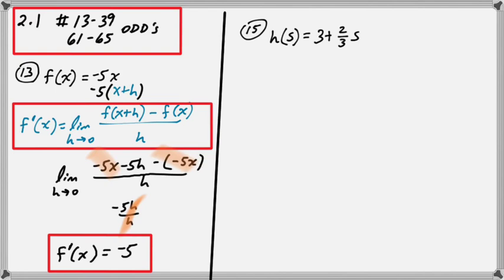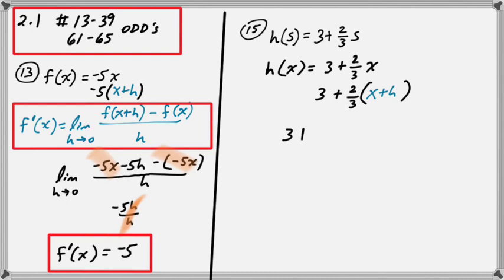On 15, I don't like s's. My s's look like 5s. So if you don't mind, I may change them to x's. If you replace every x with x plus h, what would I have? 3 plus 2/3 x plus 2/3 h.